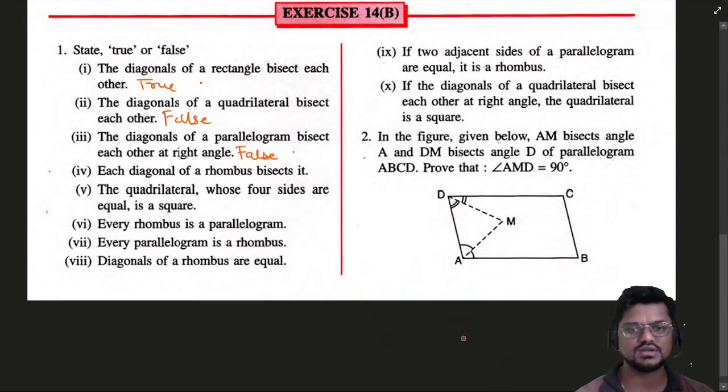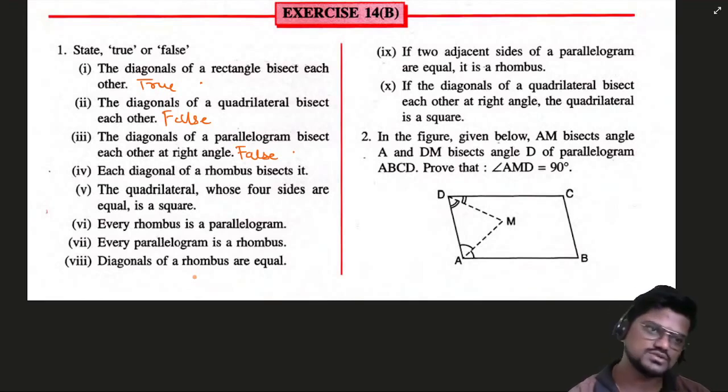That's why in a rectangle it is not sure. It depends on the sides. In a rectangle, if the two adjacent sides are not equal, it will not be 90 degrees in any way. It has to be a square to be 90 degrees.